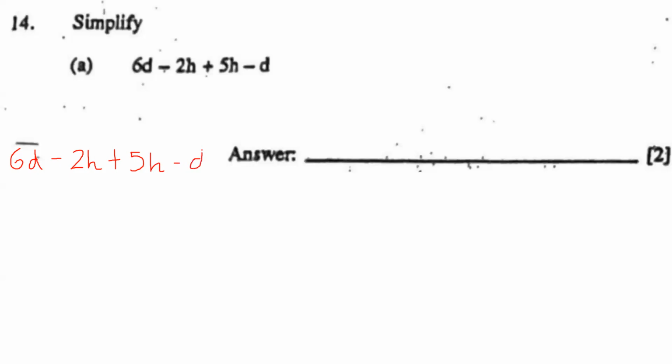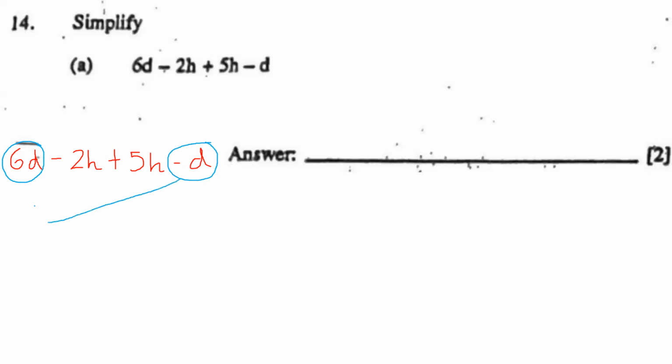Hopefully you can already identify the like terms. The d's go with the d's and the h's go with the h's. So we're going to circle the d's. This 6d goes with the negative d. Please also carry the signs as well.